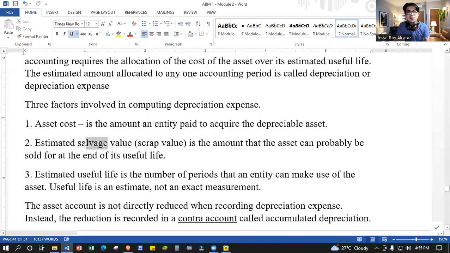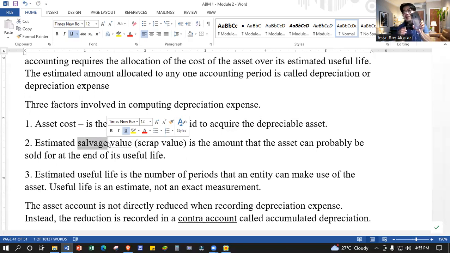Kanang term nga salvage manggod, it is the equivalent of that is salbar. Dili na siya murder or gipatay. Salvage means napakay na salbar nga gamit, napakay na salbar nga value. So, for example, cellphone, bibilihin mo ng 10,000 pesos, gagamitin siya for 3 years.